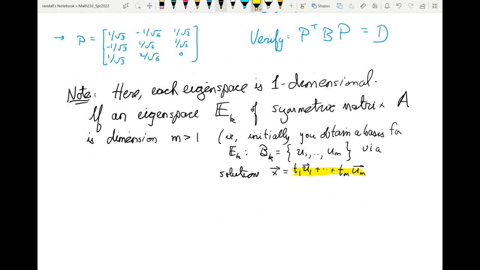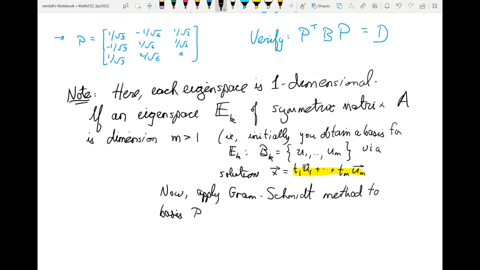So here's the extra work you have to do in that situation for orthogonal diagonalization. Now apply the Gram-Schmidt method to the basis B_k to obtain an orthonormal basis.